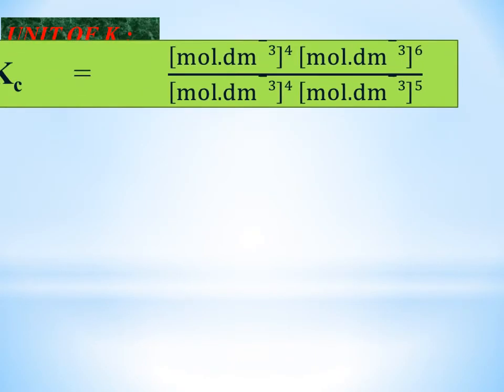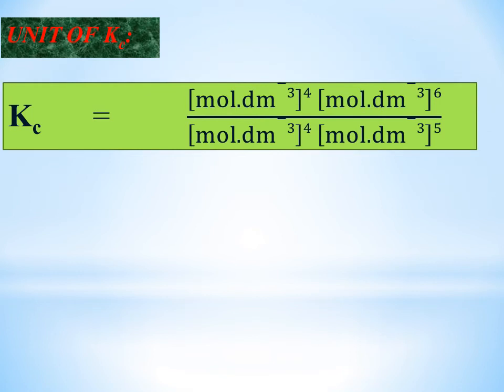Now the unit of Kc for this reaction is, as we know that the unit of concentration is mole per decimeter cube, so for this reaction we will have to write mole per decimeter cube raised to 4, because this 4 shows the 4 moles of nitric oxide.